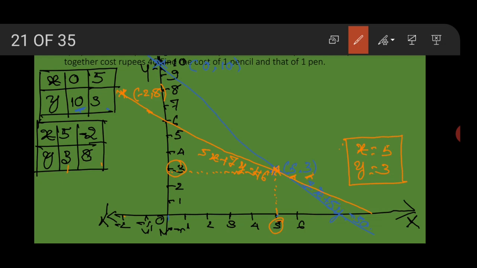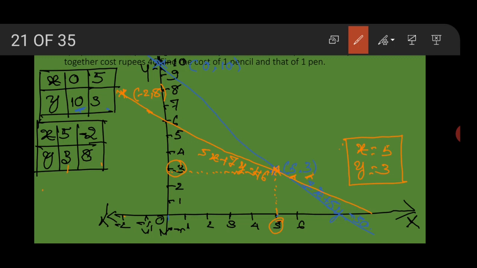Right? So what is x? X is the cost of pens. So the cost of a pen is equal to rupees 5, and y is what? The cost of a pencil. So the cost of a pencil is equal to rupees 3.